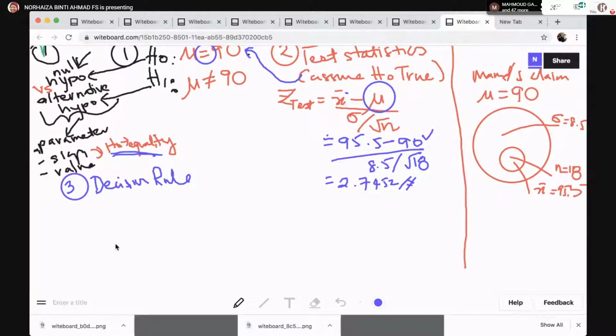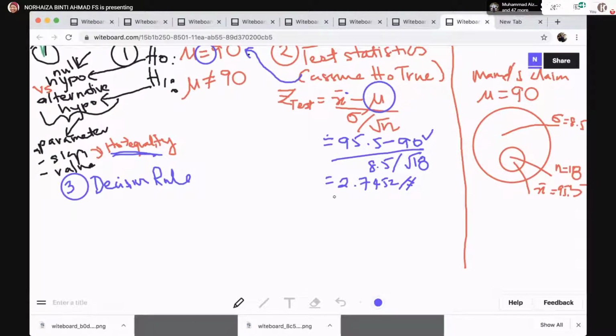For a decision rule, you will use a distribution to check this value. Now, since you have a Z test here, the Z test is just a single value. If mu really is equal to 90, therefore the value of your sampling statistic, or Z test or Z score, is going to be this value.